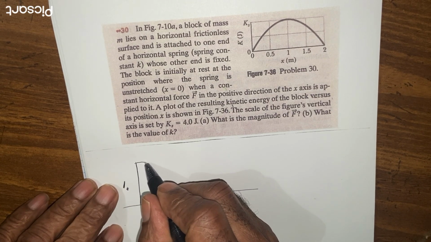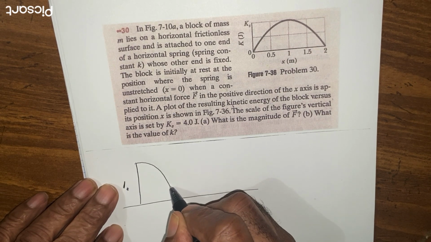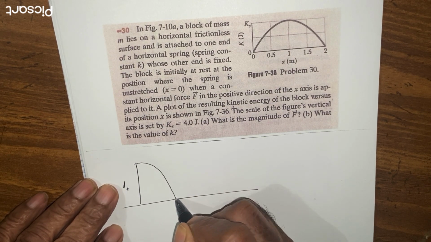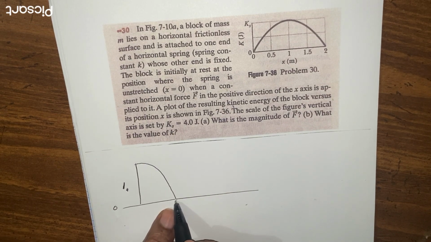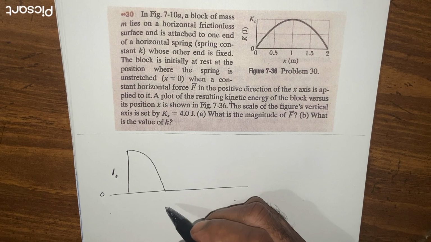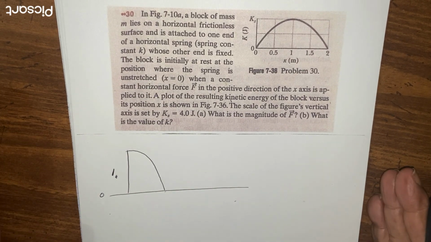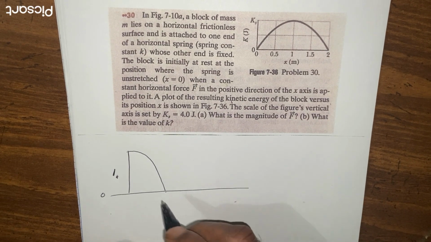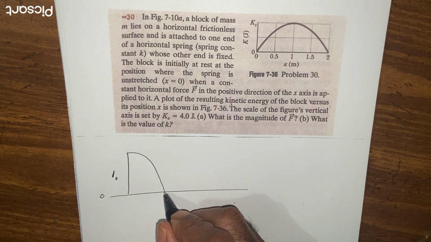Then we're going to release it, and it's going to travel to 0. 0 is the position of the spring in its relaxed position. That's if the spring was just laid out on the table. When it reached 0, it would be at the length it would be in its relaxed position.